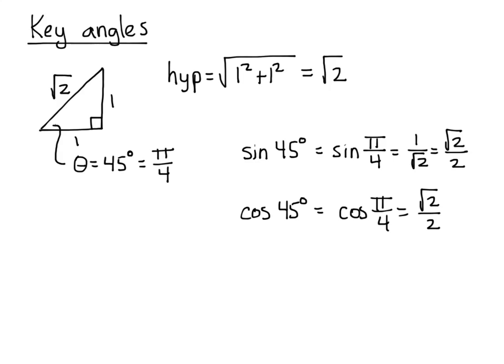And the tangent, since the sine and cosine are equal, the tangent of pi over 4 is 1. So the pi over 4 and the square root of 2 over 2 always appear in pairs, right? Because that just makes that 45-degree or isosceles right triangle work.